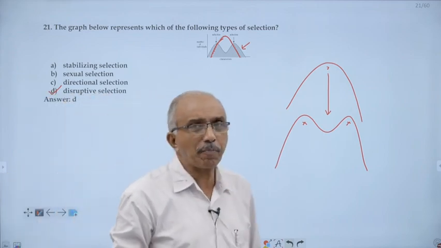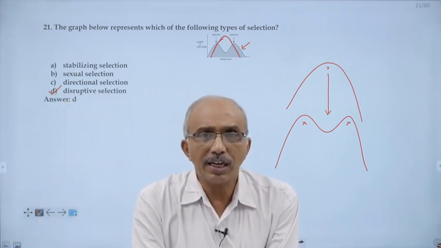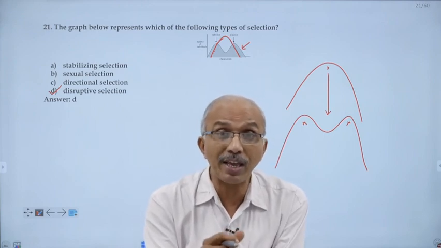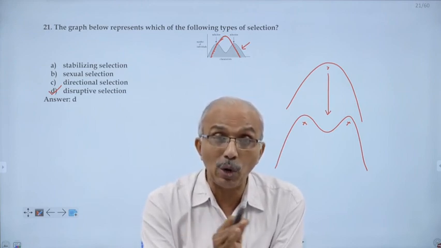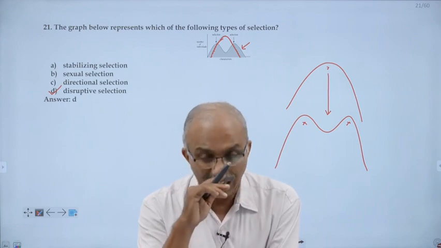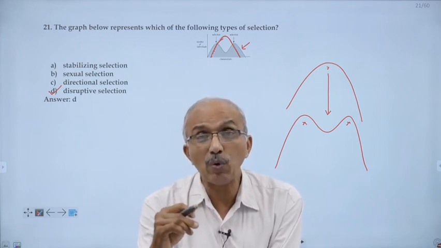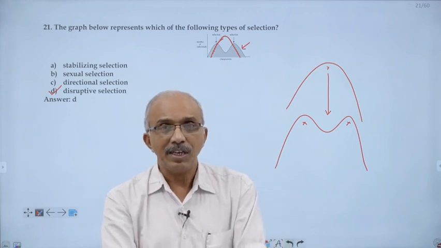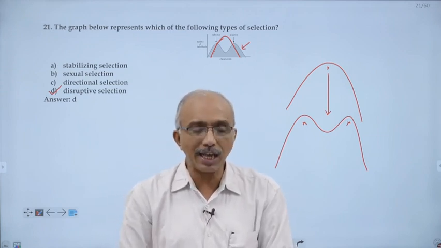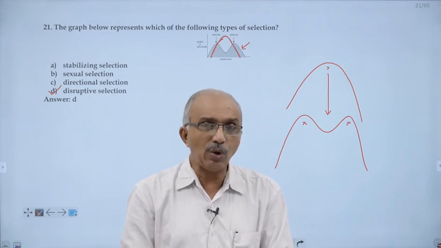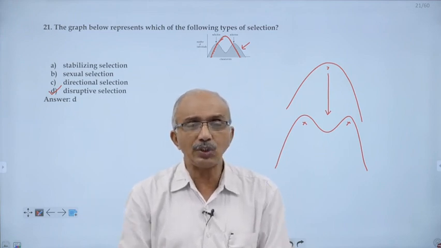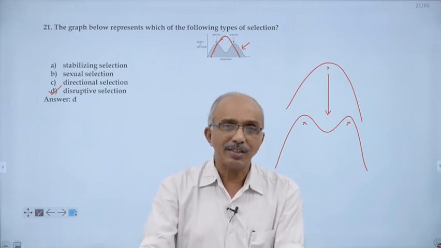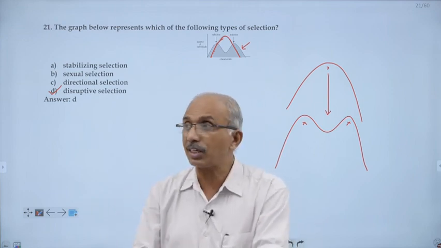What is disruptive selection? In disruptive selection, individuals having values below average and individuals having values above average are selected. Both types of individuals are selected. So it is disruptive selection.